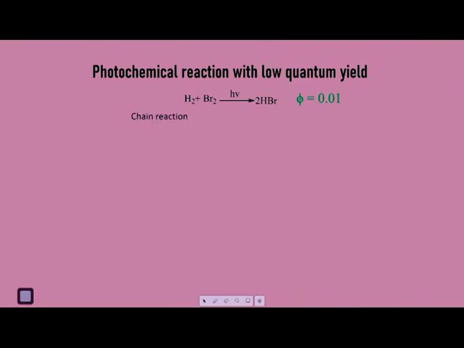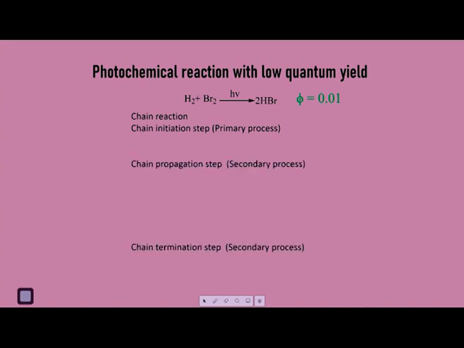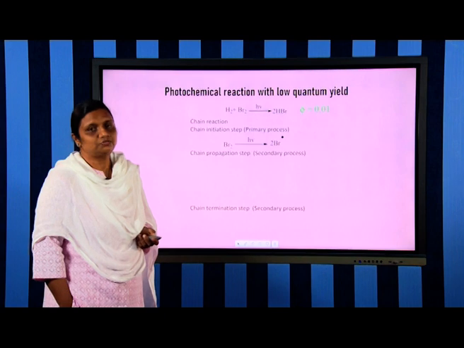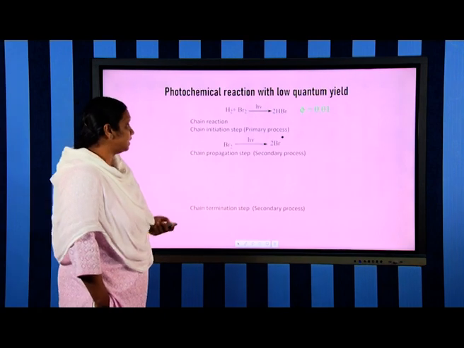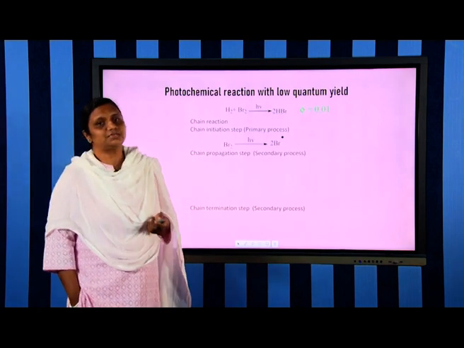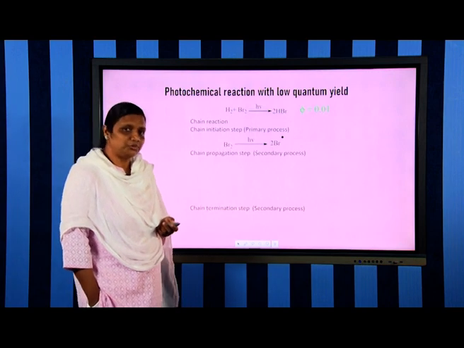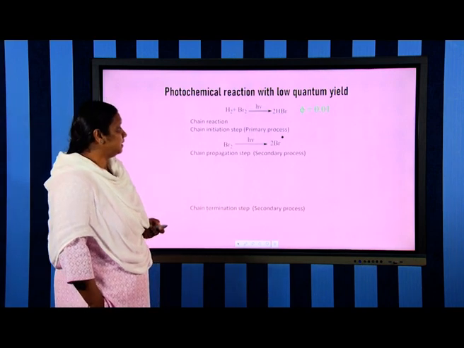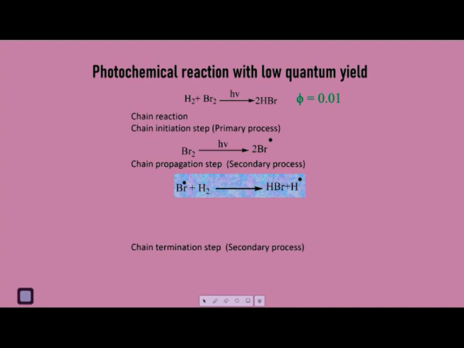Now, this also follows chain reaction mechanism with 3 steps: initiation step, propagation step, and chain termination step. Now, in the chain initiation step, we know hydrogen is not photosensitive, halogens are. So, bromine gets sensitized and gets converted to bromine free radical. And then this bromine free radical can react with hydrogen molecule and form HBr and hydrogen free radical.